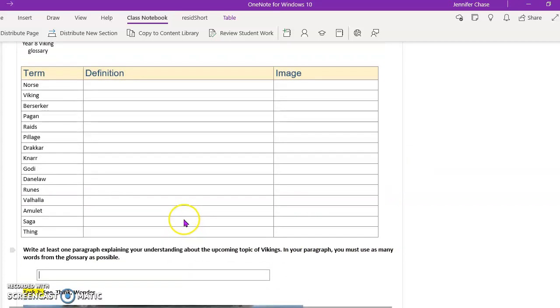You might focus on what your understanding is of Viking religion just from these words, or Viking raids might be a good one to focus on, or Viking society. See what you can do. It's not a TEAL paragraph. Obviously you want your sentences to make sense, but the idea is that you're just showing your understanding. Let's aim for at least 4 words if you can.